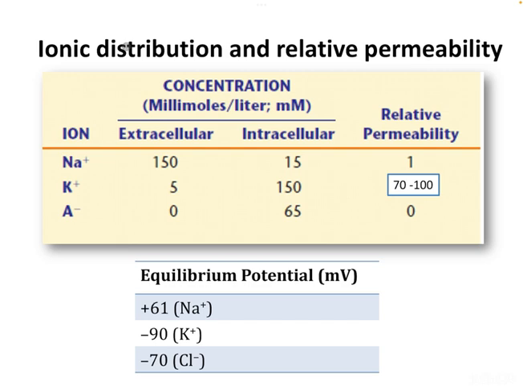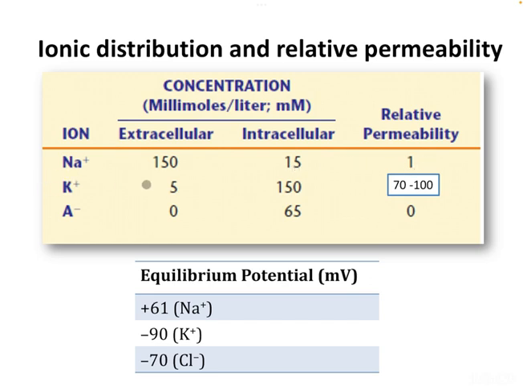So there is a difference in ionic distribution intracellularly and extracellularly, plus there is also a difference in relative permeability for different ions. Sodium is more extracellular, with 150 millimoles per liter, intracellularly 15 millimoles, and relative permeability is only 1.